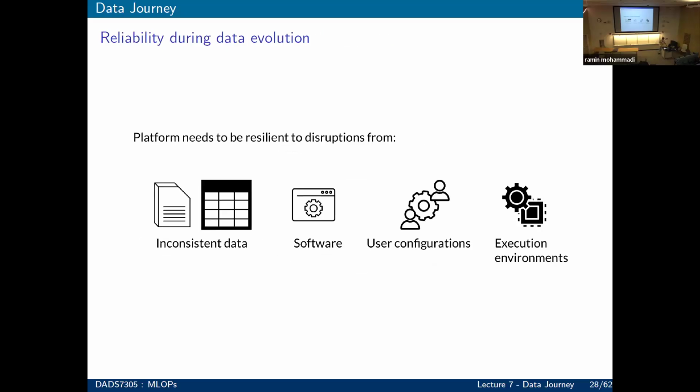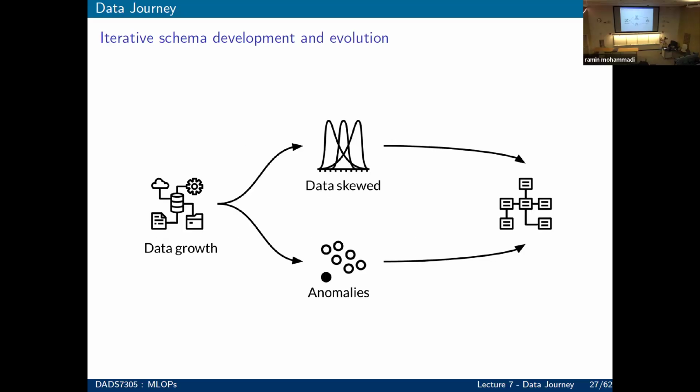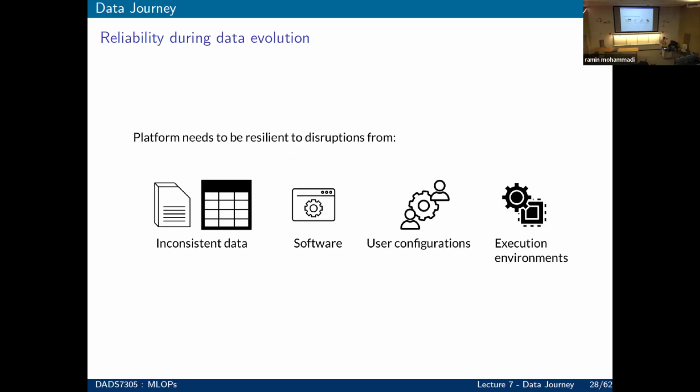So what is really important, and why do we care about the schema and updating the schema? Because when you build a piece of software or platform, it should be reliable. It should work. It shouldn't break that easily. And reliability means that, well, you receive inconsistent data almost all the time, so it should be able to handle inconsistent data. Otherwise, you are constantly getting tickets saying it doesn't work, and software cannot be like that.